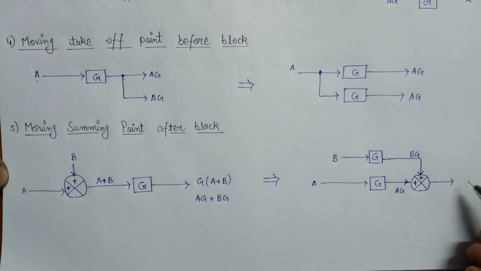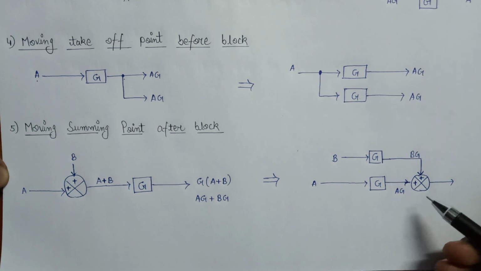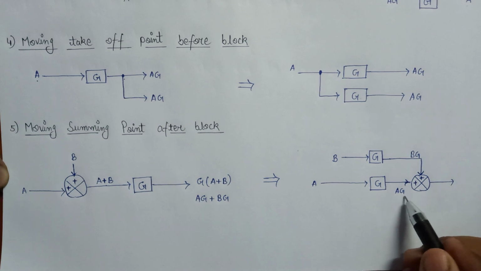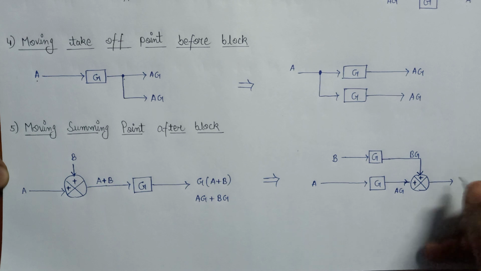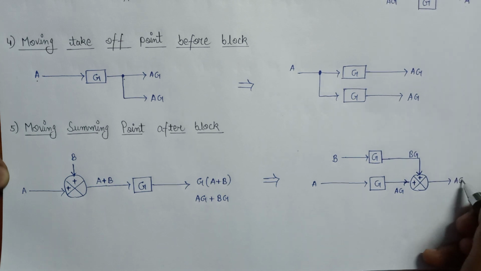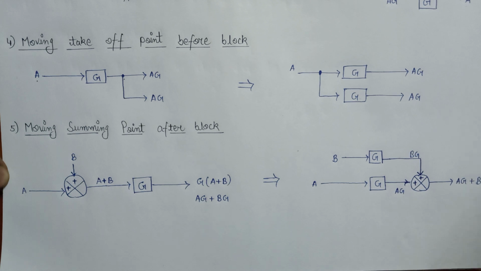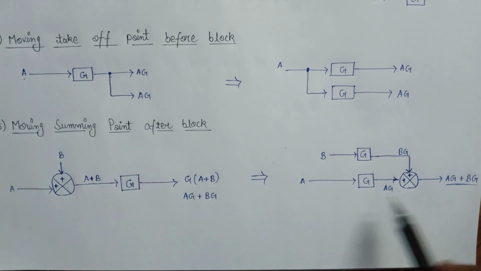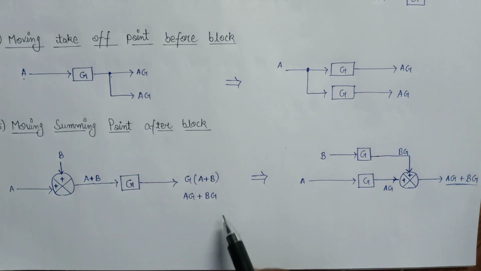So what will be the overall output? The overall output will be nothing but the sum AG plus BG. Since the overall output of this circuit is exactly equal to the overall output of the previous circuit, that is nothing but AG plus BG, this is all about rule number 5.